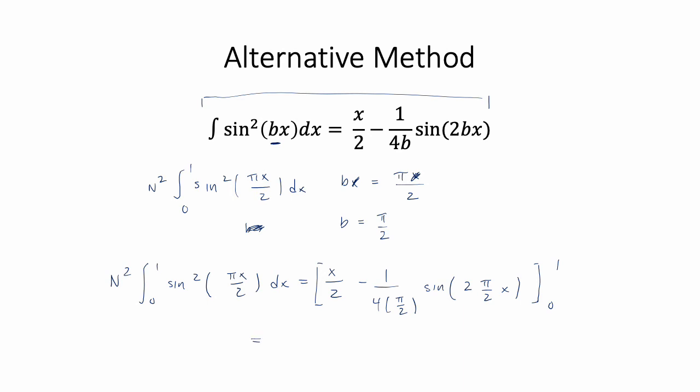And we can clean this up a little. So that's x halves. 4 times pi halves is 2 pi. And then the 2's cancel out in the sine expression, so I end up with sine of pi x, and that's all evaluated from 0 to 1. And then the process is exactly the same as the previous method, going from here.